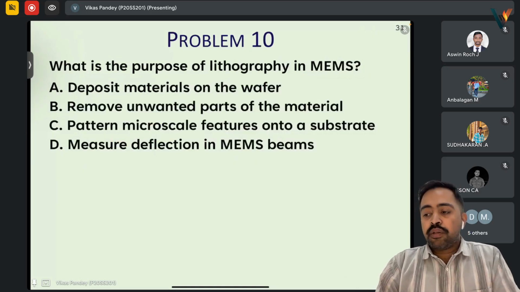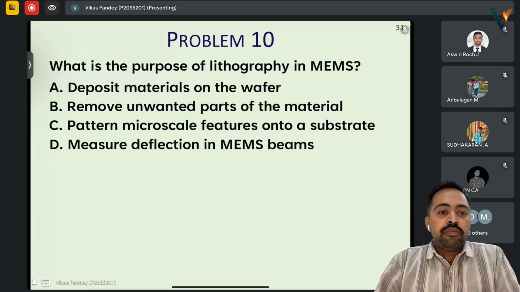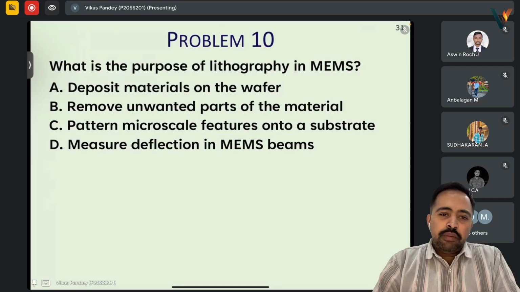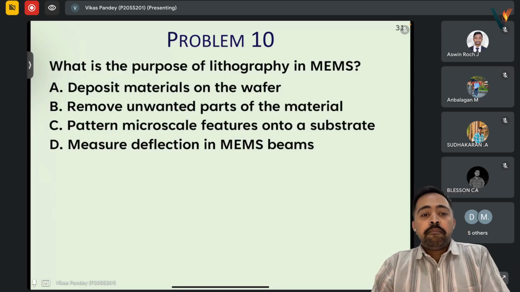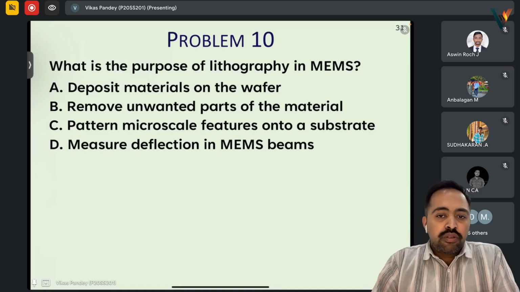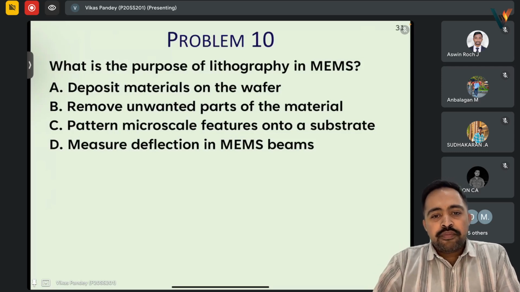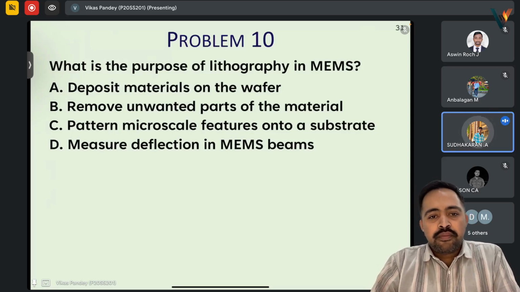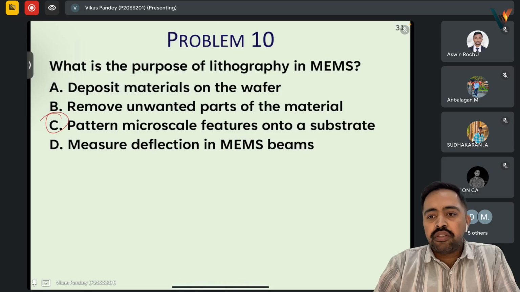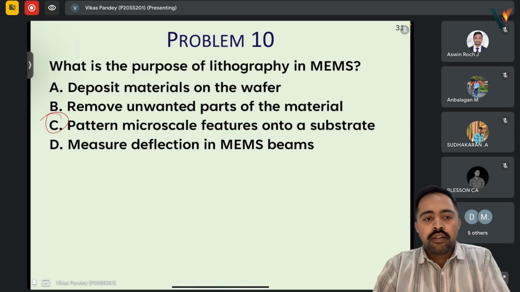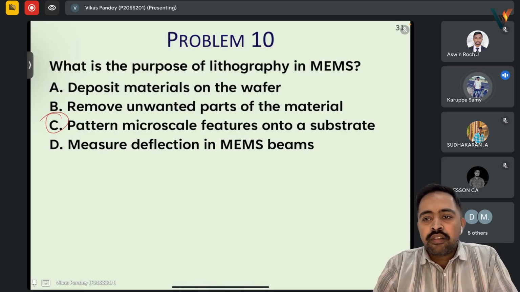What is the purpose of lithography in MEMS? Depositing materials on the wafer, removing unwanted parts of the material, patterning microscale features onto a substrate, or measuring deflection in MEMS beams. Sir, option C, that is patterning microscale features onto a substrate. Yes, anyone else? Any other answer? Option C, sir.